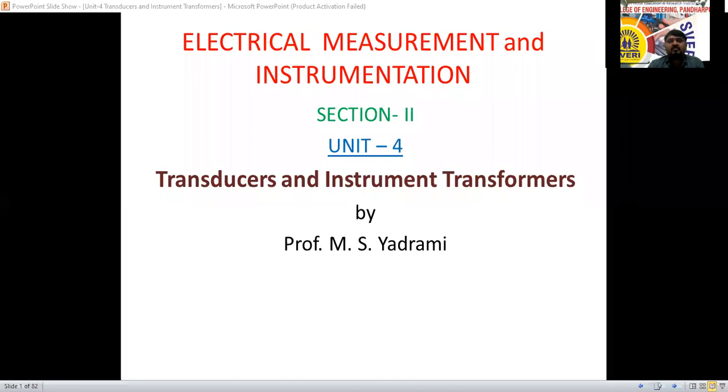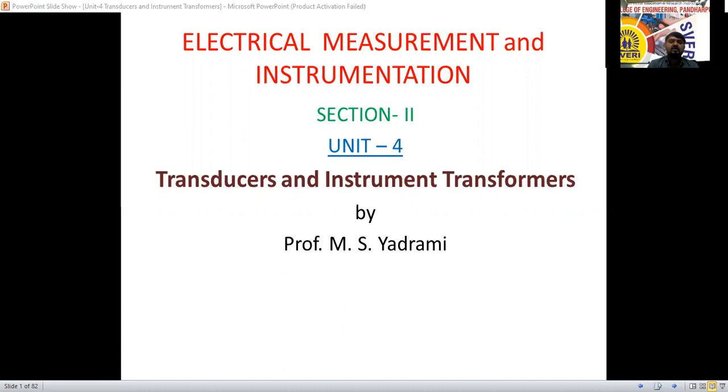So the topic name is transducers and instrument transformers. The unit 4, that is section 2, we have started. There are so many transducers: active, passive, physical, secondary, primary transducers, electrical transducers, mechanical transducers, analog transducers, digital transducers.